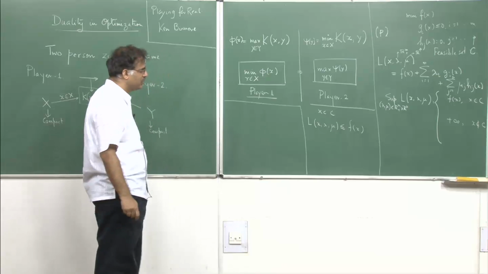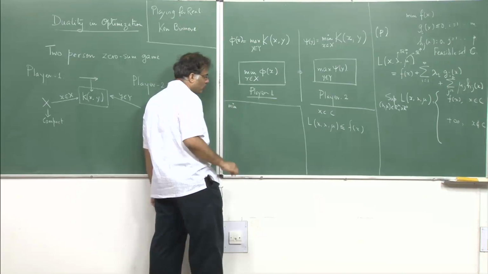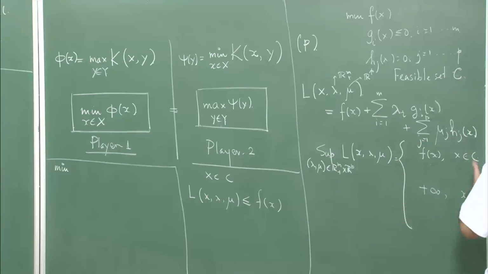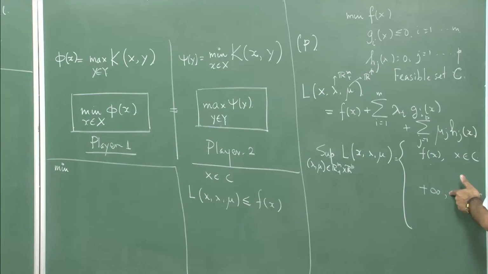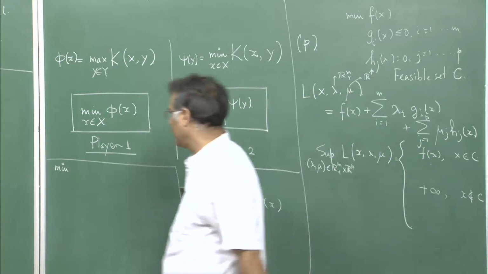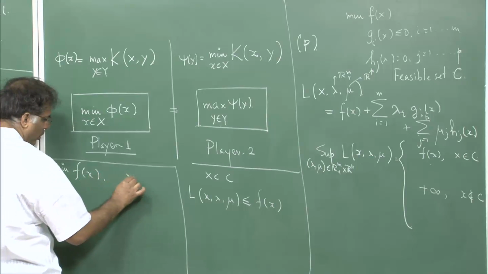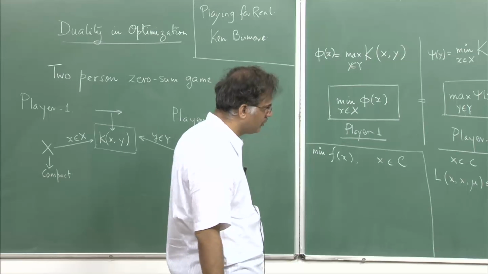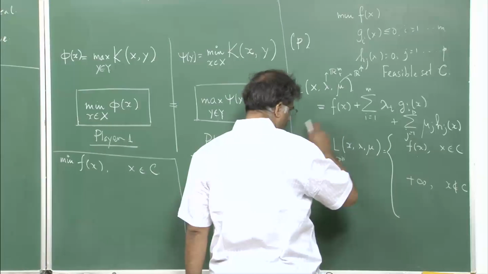This is a structure which is used very often in modern optimization, which is actually borrowed from this sort of way of writing the original problem P. So, if you want to minimize a function f(x) over a set x in C, which is a constrained problem, you can convert this constrained problem to an unconstrained problem.